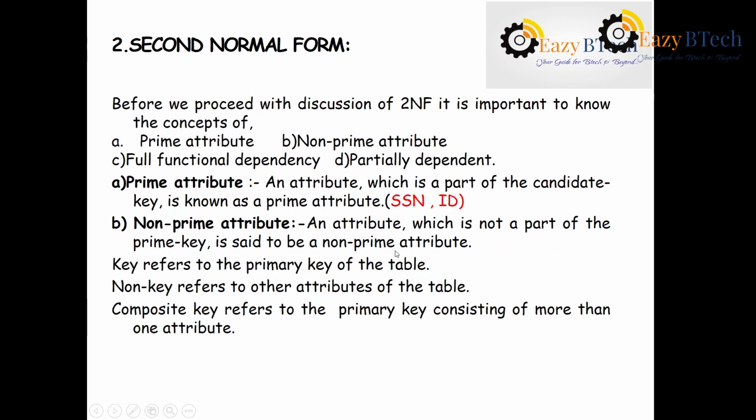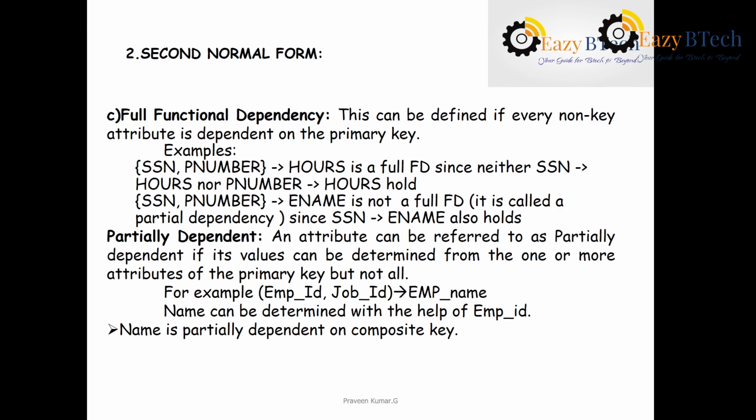Once again I will repeat. Prime attribute: in a relation, if an attribute is part of a candidate key, it is called a prime attribute. Non-prime attribute means an attribute that is not part of any candidate key.